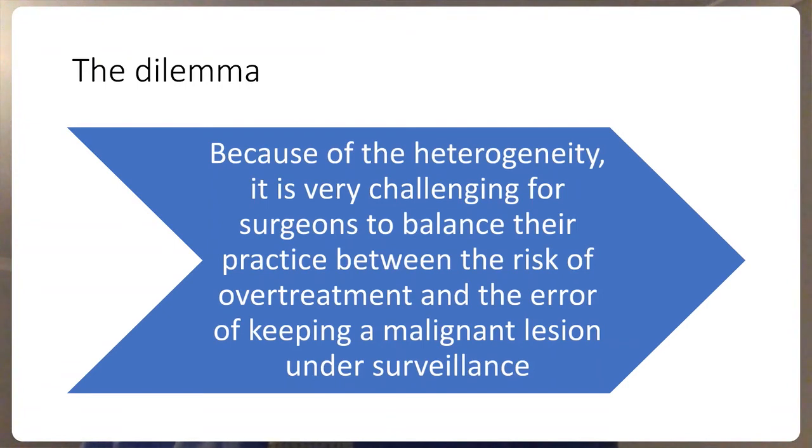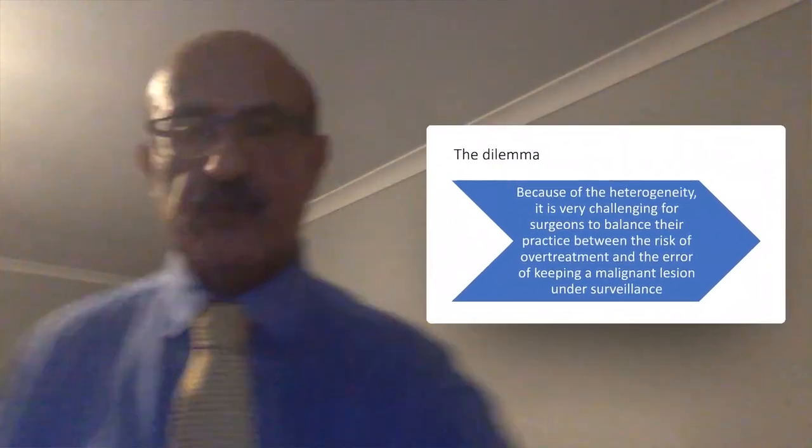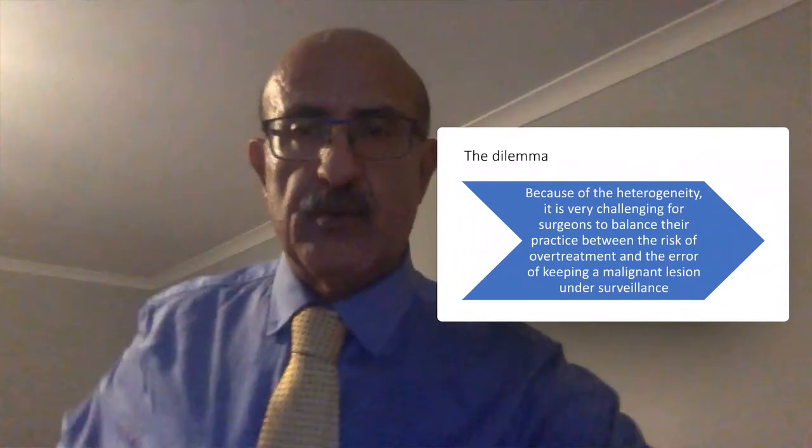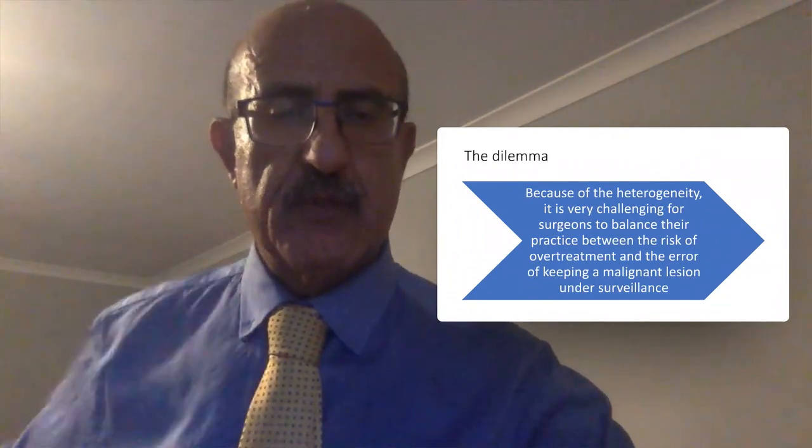We have to balance the risk of over-treating them, which is exposing the patient to pancreatectomy and all the risks associated with it, against the tragic mistake of keeping a malignant lesion under surveillance, and in 6 months or a year you find that it has got to an advanced stage. So it needs high expertise to be able to make the decision whether to do surveillance or to proceed to surgery.